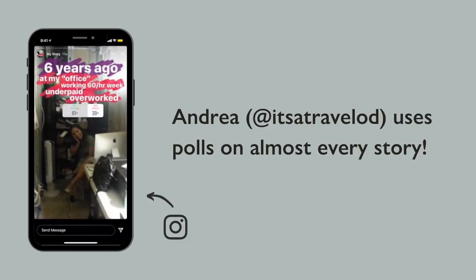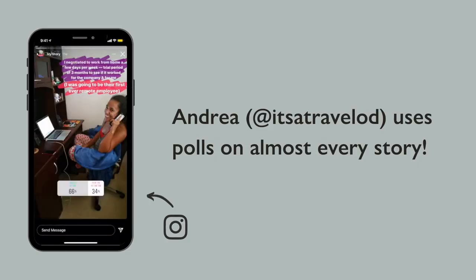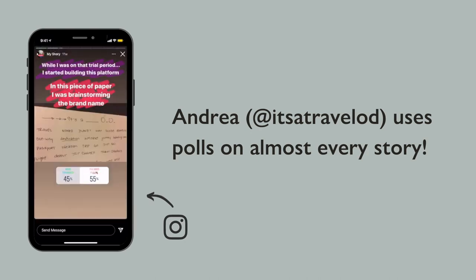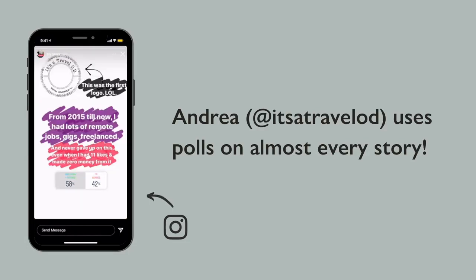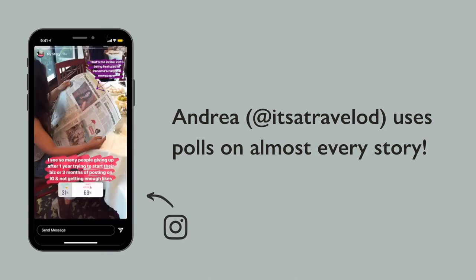Andrea uses polls on almost every single story slide that she posts. And I think she does an amazing job of this, which is why I'm starting with her as an example. This really takes your stories from passive consumption to active, right? Your audience is engaging. So there are a few best practices and creativity points here that she incorporates that I want to share with you.